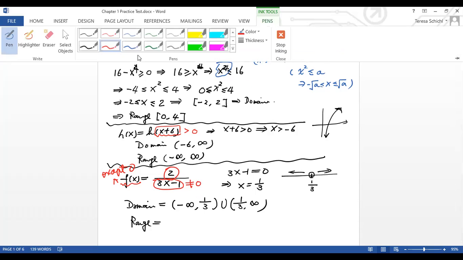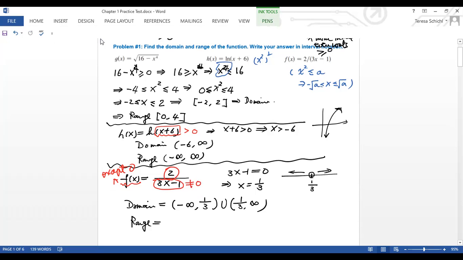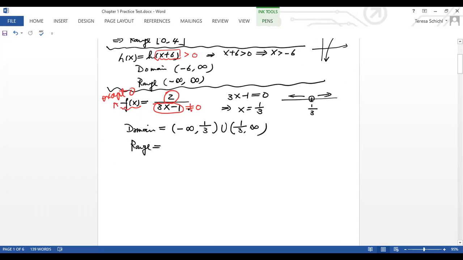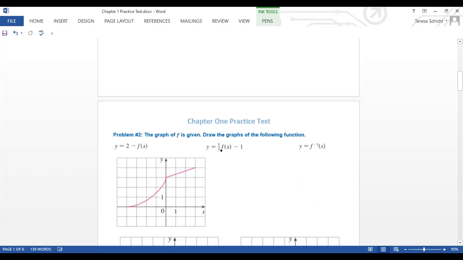So the range can be any other number except zero, right? How do I write the range here? The range will be -infinity to 0, union 0 to positive infinity, because it will never be able to become zero for the fractions here.